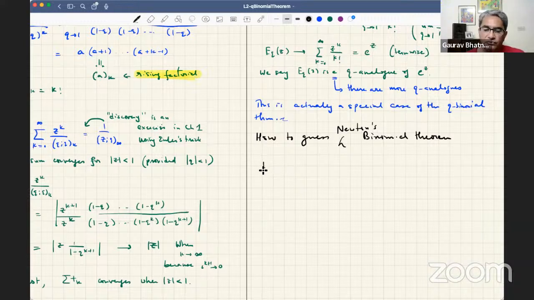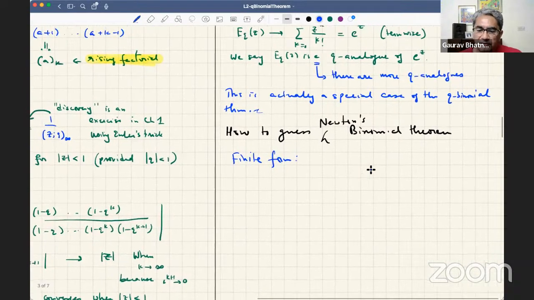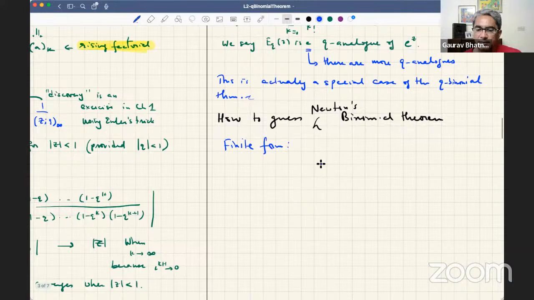We know the finite form, this is easy to prove. This is proved using induction in elementary courses, and we will also get some proof today. But at present, let's just take it for granted.